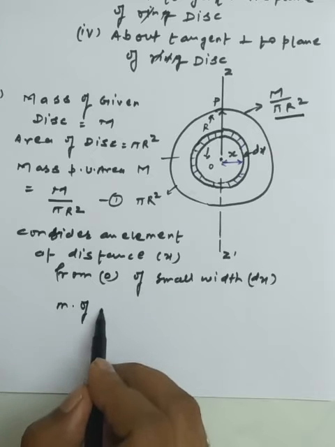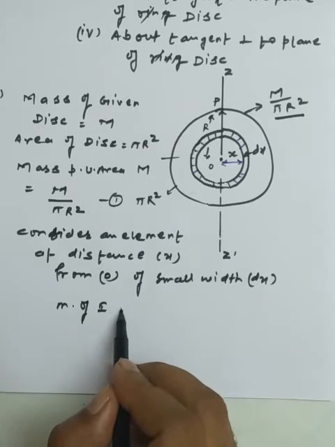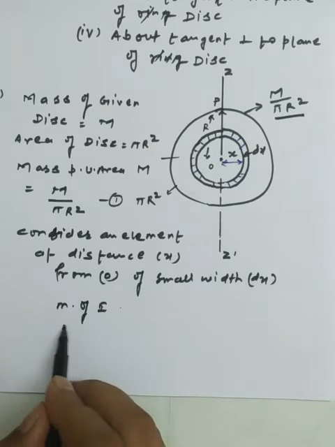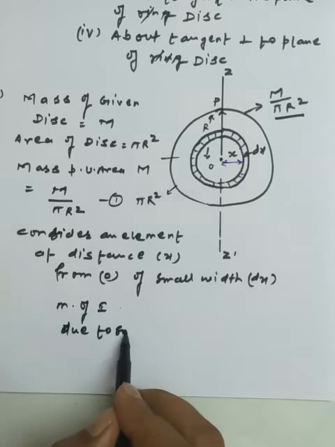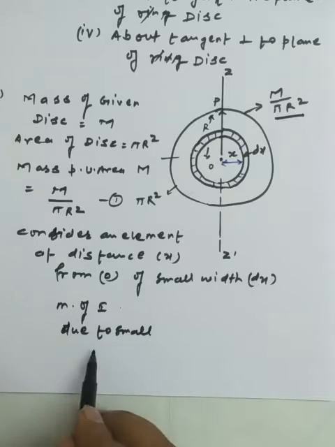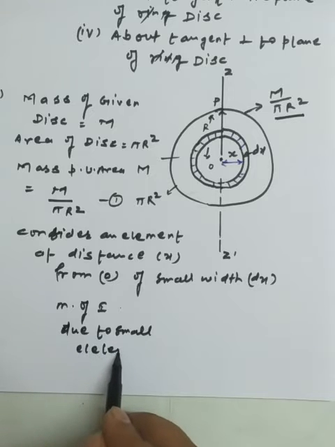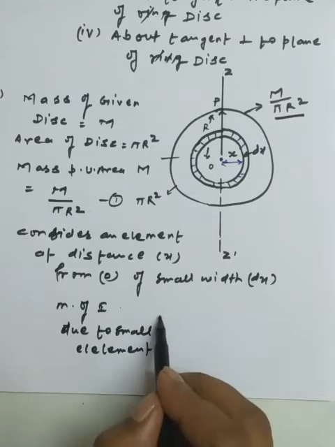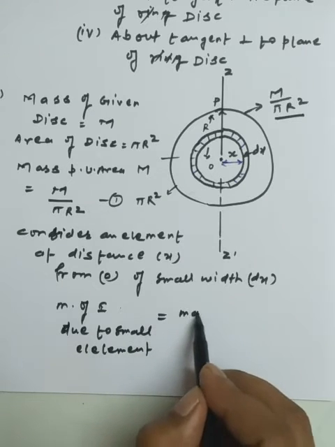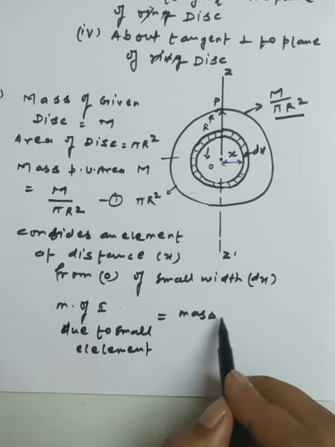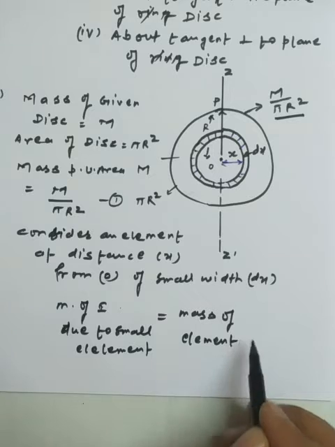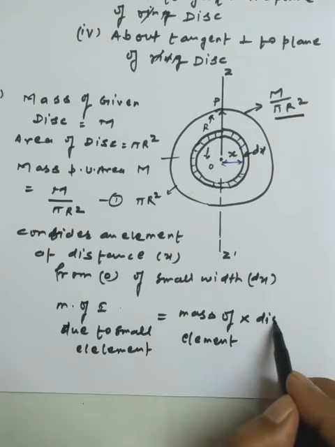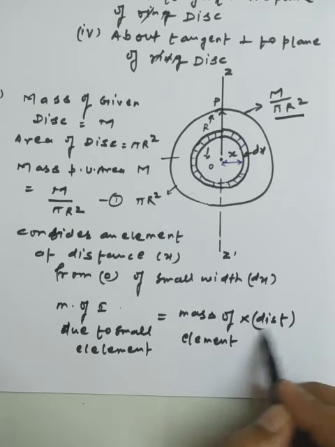The moment of inertia due to a small element is equal to the mass of the element into distance square.